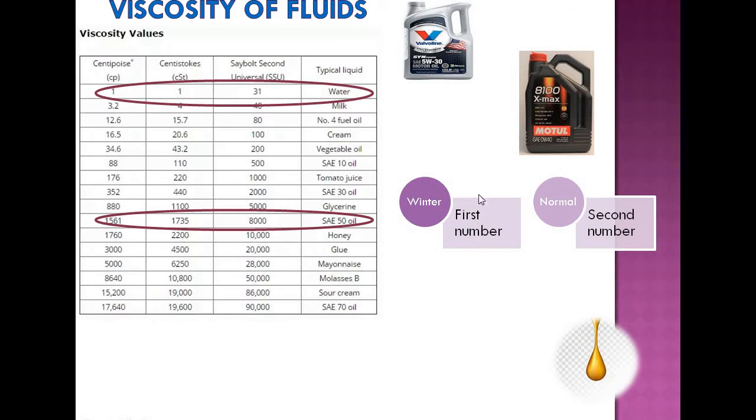The first number represents its viscosity rating in winter. That means in 5W30, the 5 is the viscosity representation in winter seasons. Similarly, 30, the second number, represents its viscosity in normal conditions, normal temperature and pressure. So during winter, if you take SAE 5W30, its viscosity is only 5 in one of the units.